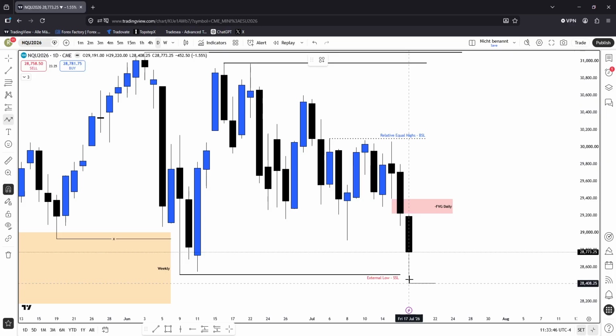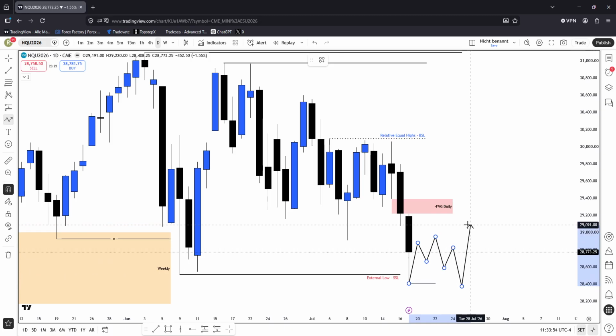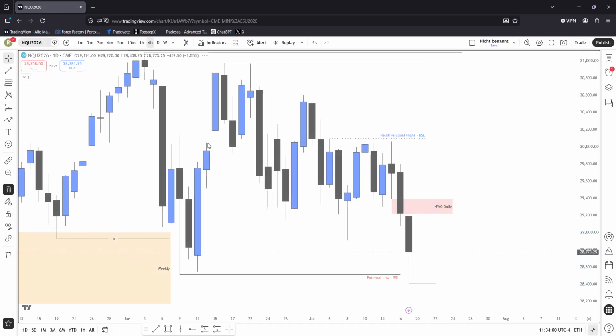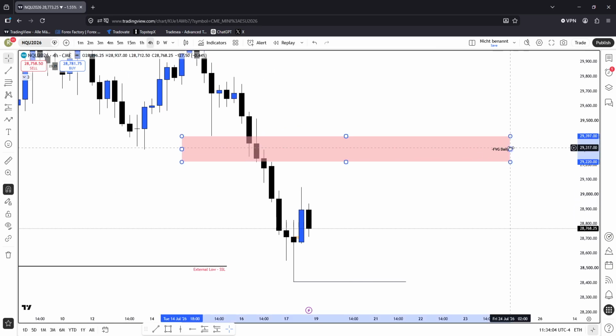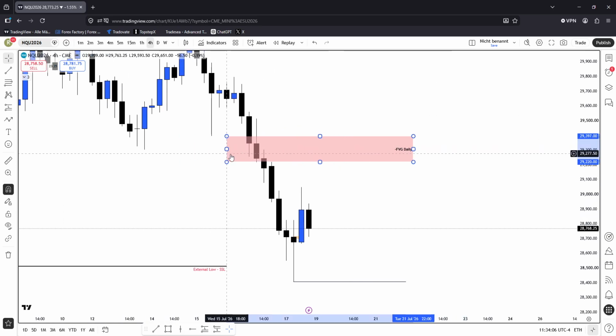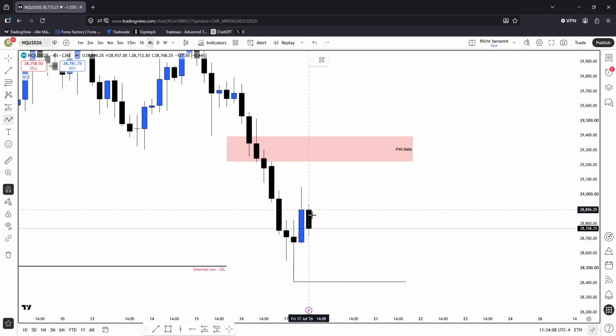How? By waiting for some form of internal structure here to get the internal market maker buy model back into this fair value gap. For example, let's go into lower time frames so you can understand what I want to say.